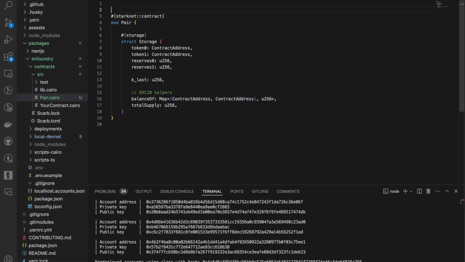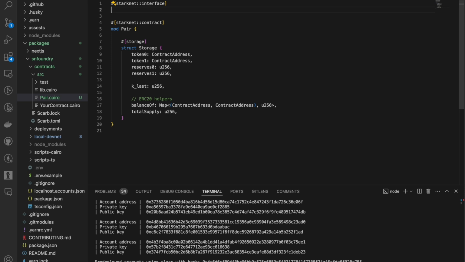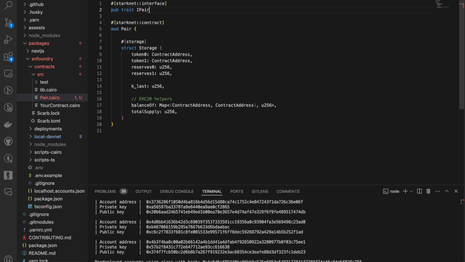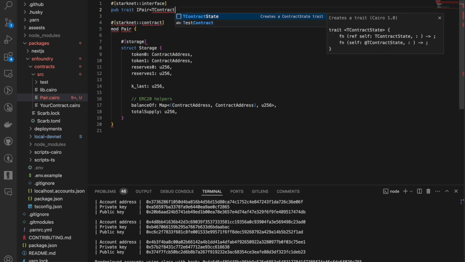We're gonna define our StarkNet interface, so we know we're keeping track of which functions we are integrating. I'm gonna call this iPair and control state.